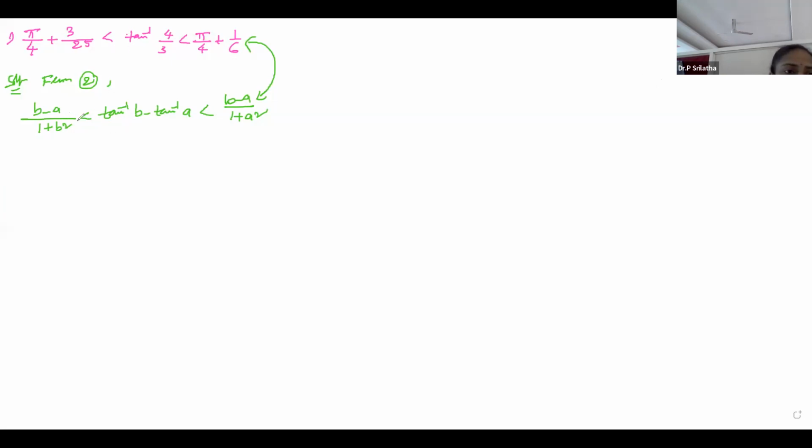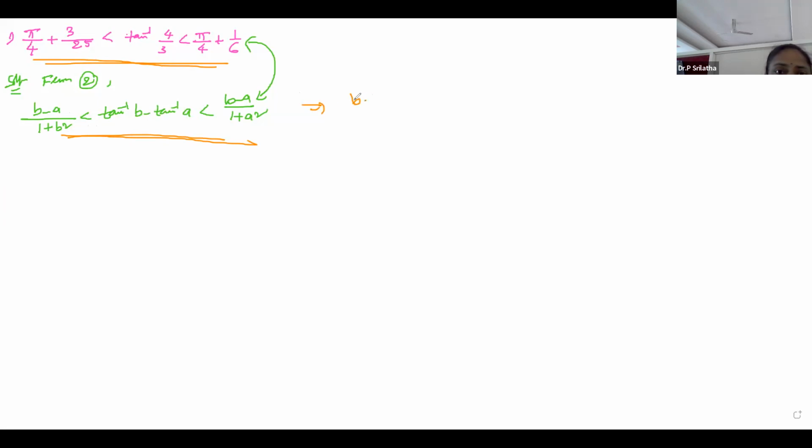So compare this entire one with this one. Look here. From this we can write, taking tan inverse A, or write it like this: adding tan inverse A on both sides.